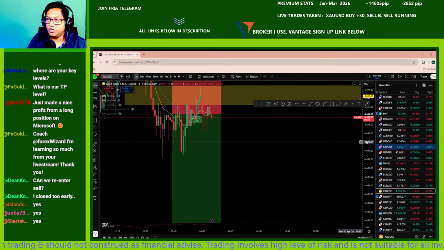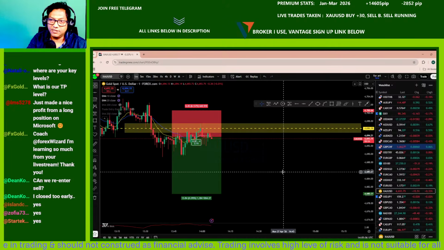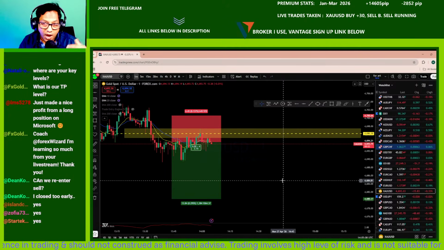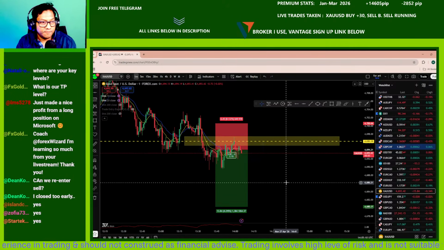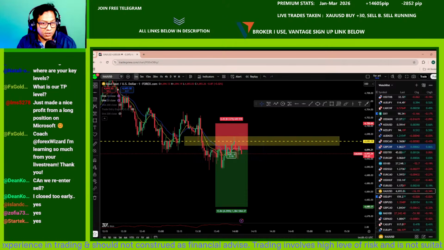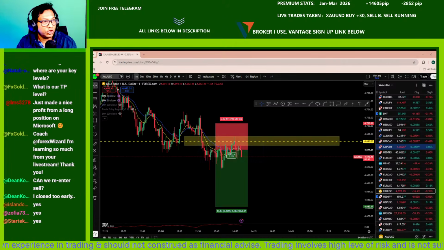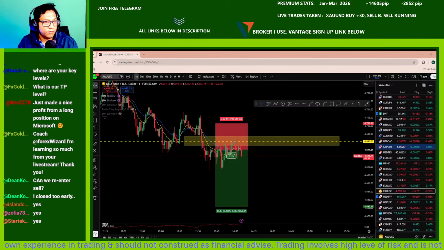There's a consolidation, and this market is still a higher possibility sell market, and I'm opening a sell position again at this zone.